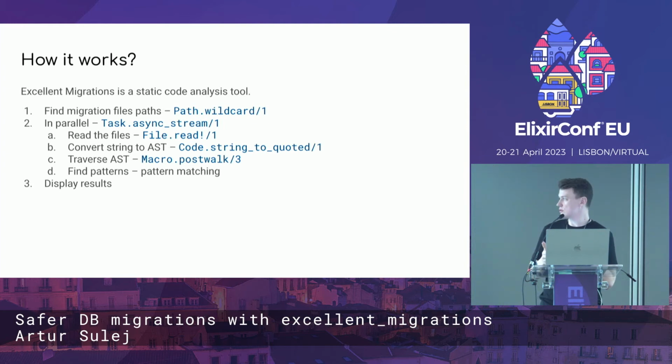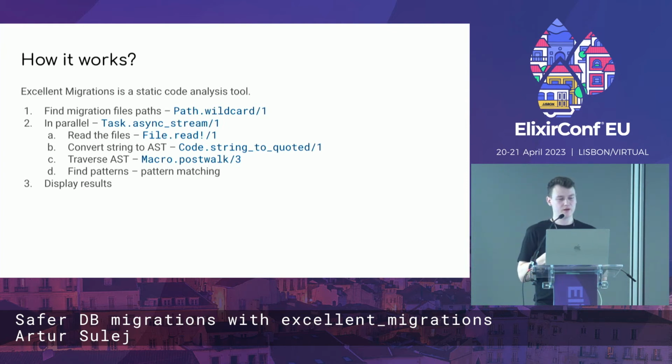Then it converts them to an abstract syntax tree, so that it's basically easier to parse and to withdraw information from such a structure. Parsing a string, I guess, would be much more troublesome and difficult.